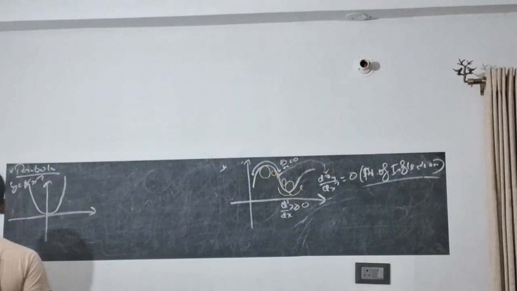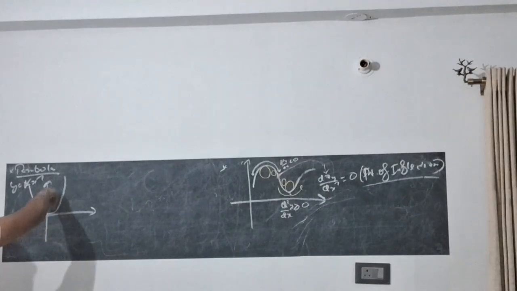This is the graph of a parabola, and you can see this is up, right? The double derivative would be positive.